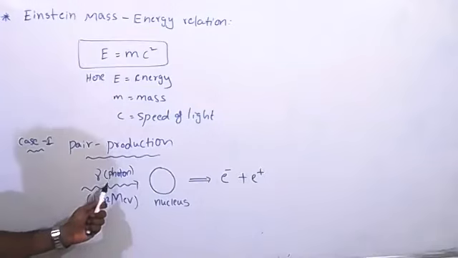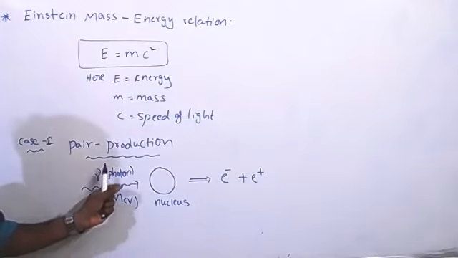Electron and positron. So when gamma, this energy, interacts with the nucleus, we get an electron and a positron.